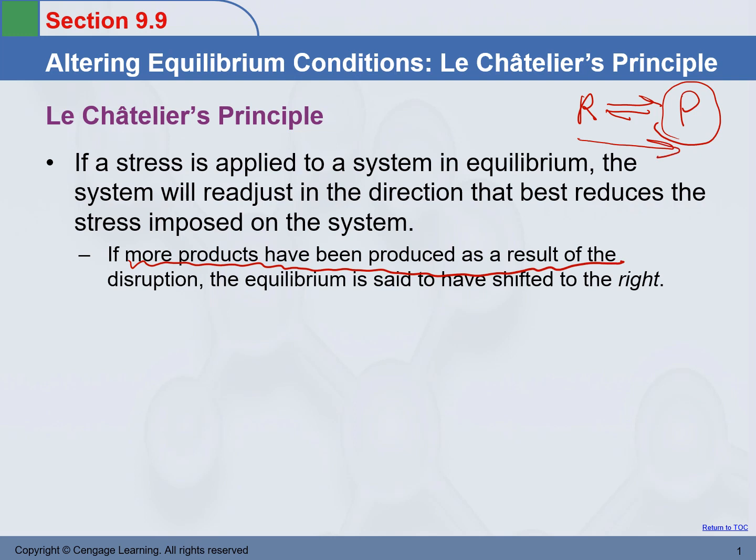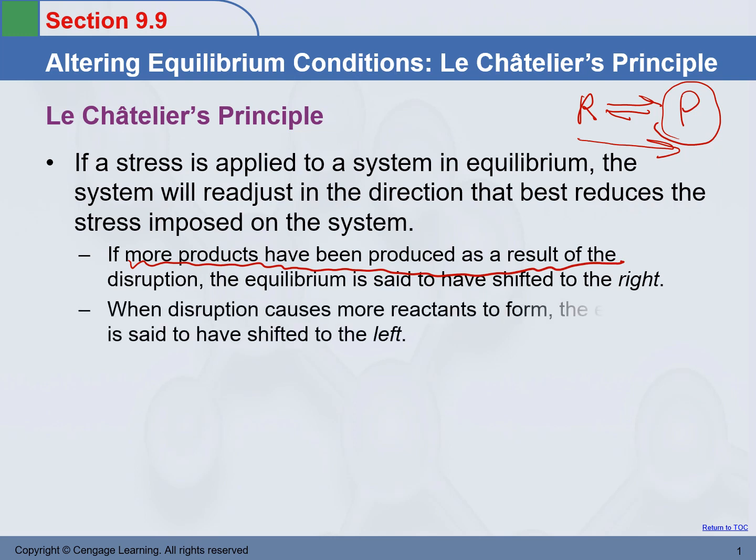If as a result of the disturbance more reactants are formed, under the new equilibrium there's more reactants than before, then we say the equilibrium shifted to the left.